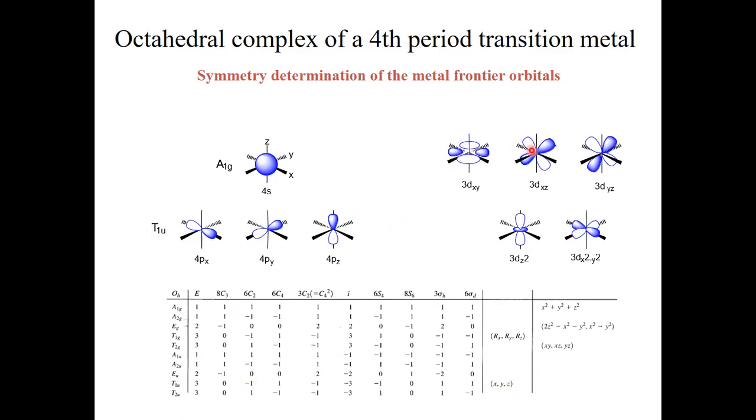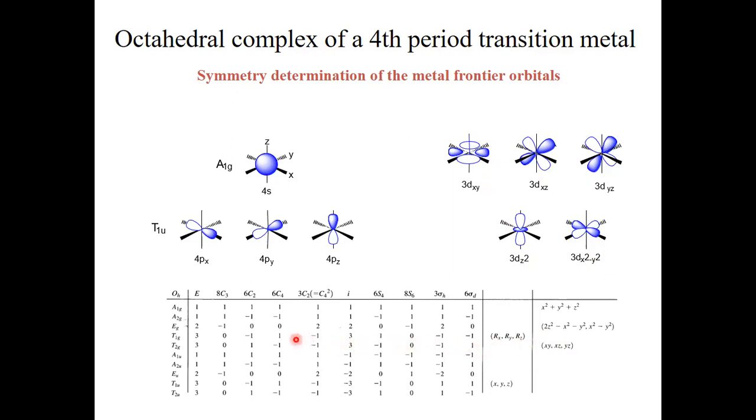So lastly, we need to look at the 3d orbitals. Now we can, for instance, start with the dxy, the dxz, the dyz. You see them here in parentheses, so that means that these are also triply degenerate. So which symmetry type will they have?